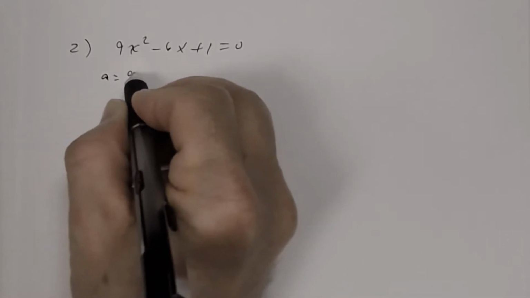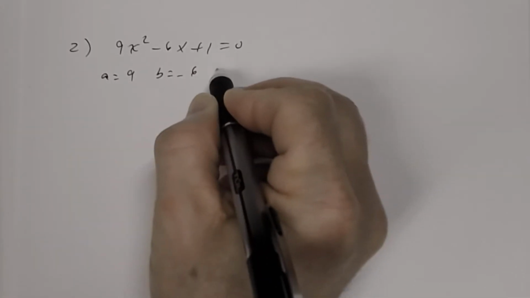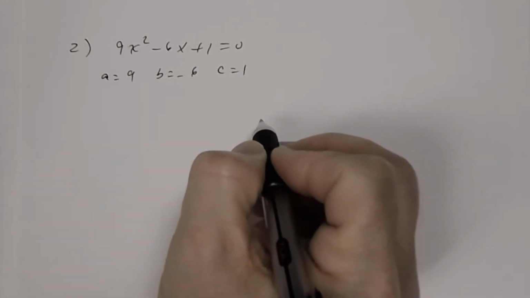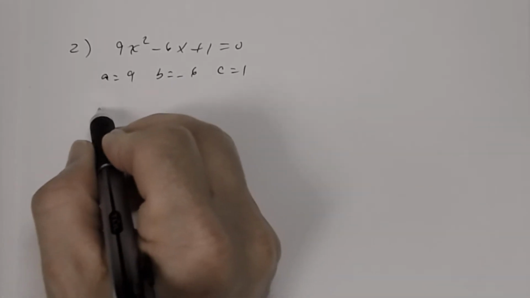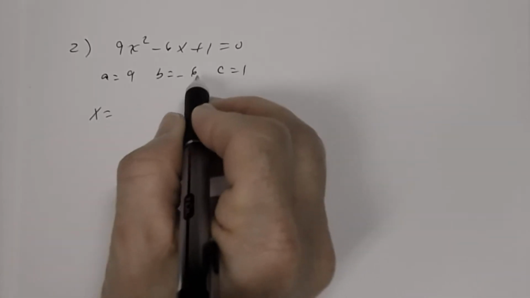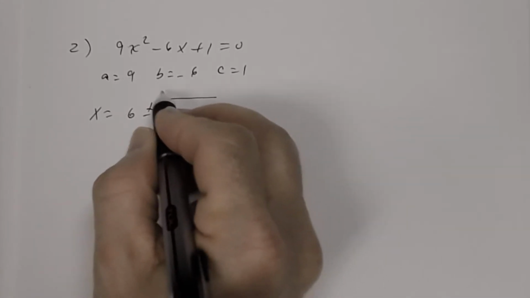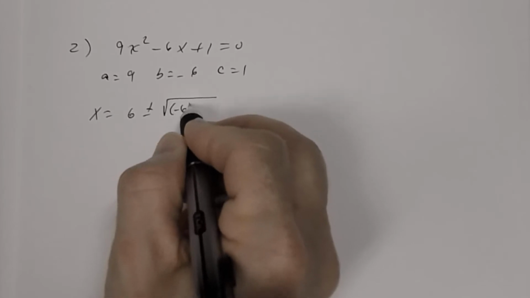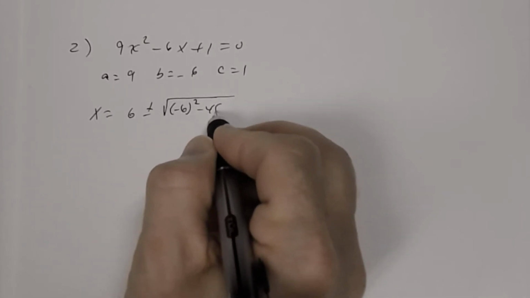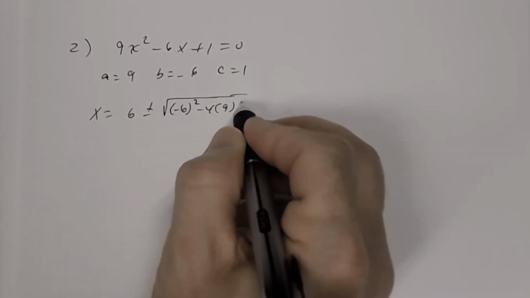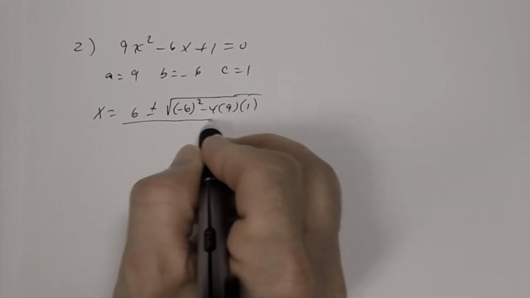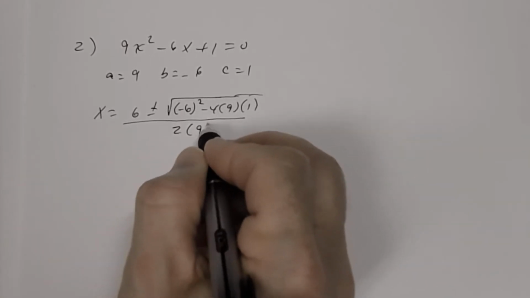So a is 9, b is negative 6, and c is 1. If I solve this equation, I get x equals the opposite of negative 6, which is 6, plus or minus the square root of b squared, so negative 6 squared in parentheses, minus 4 times a, which is 9, times c, which is 1, all divided by 2 times 9.